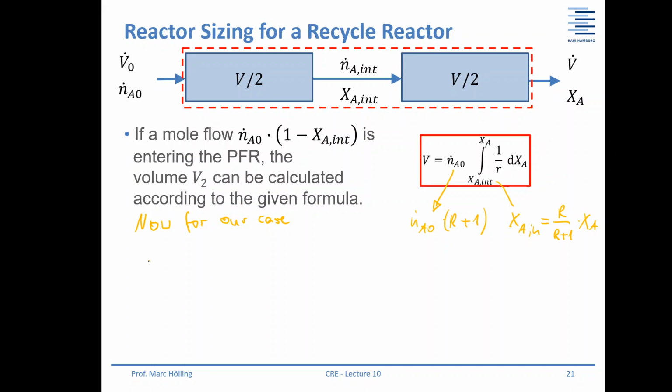So this means if you want to calculate your volume for the recycle reactor, this is the same as n.a0 times R plus 1 integral R over R plus 1 XA to XA 1 over R dXA.